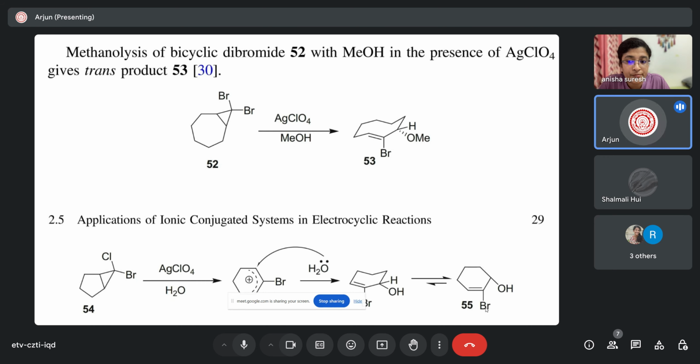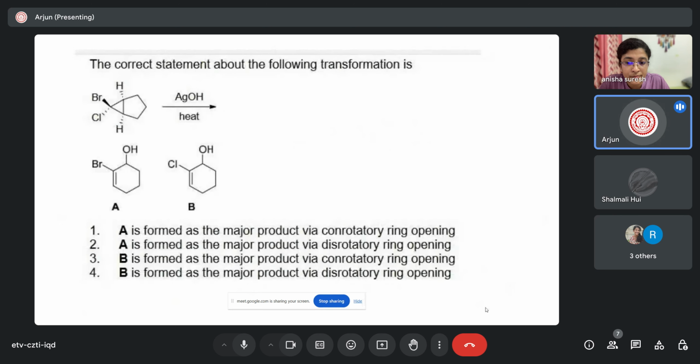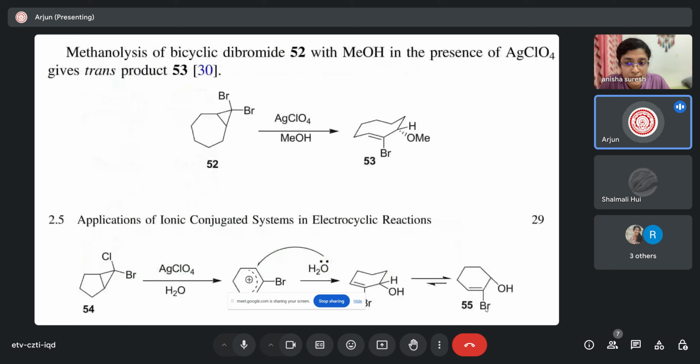Ma'am, see the 29th, which is written on the right side. Here they have taken out Cl, and in this question bromine was going out as a leaving group, and in this question they are considering Cl as a leaving group.